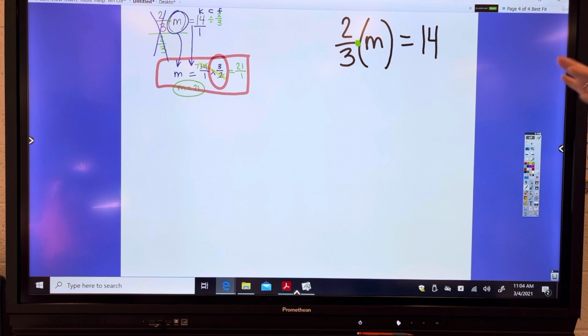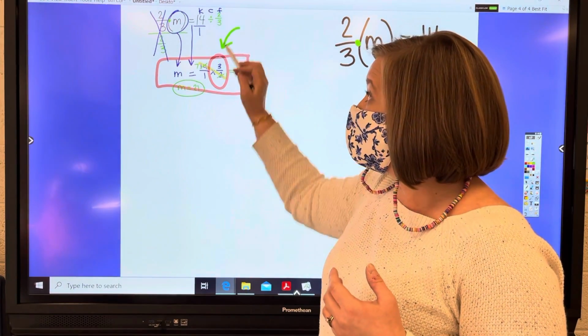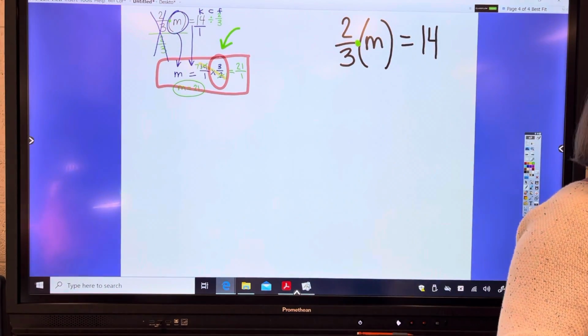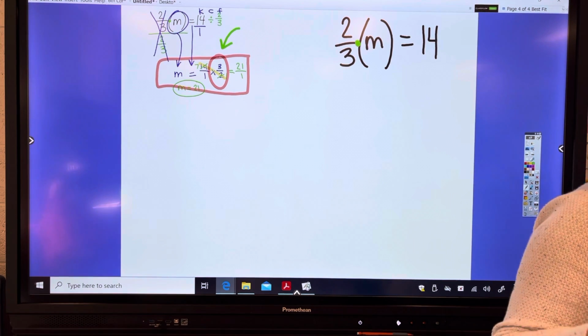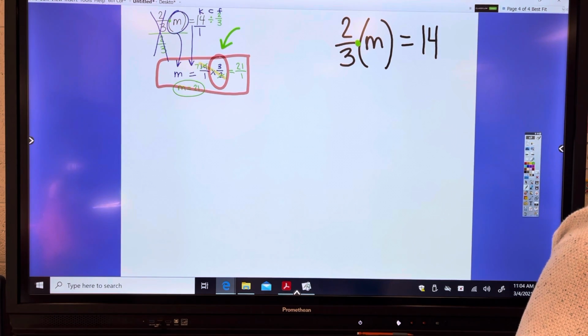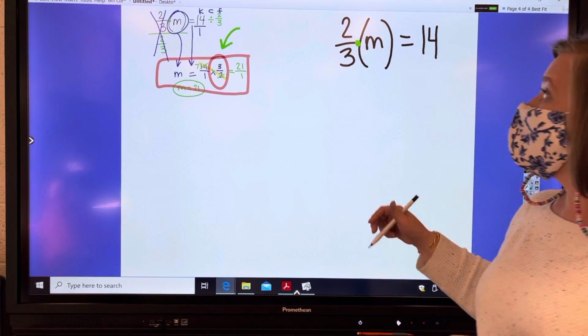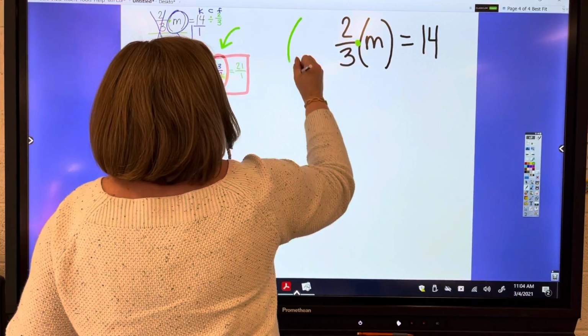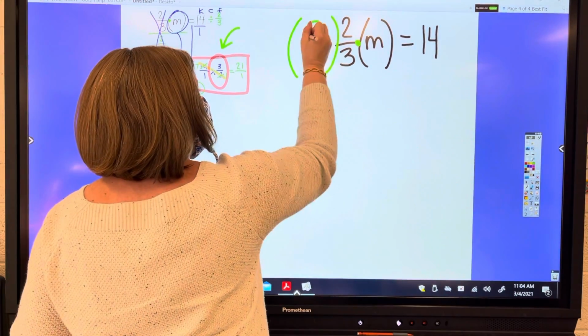But over here, you told me that in order to get rid of the multiplication, I had to divide, then I had to flip it. So why don't we skip the divide-then-flip step and just flip it? Let's try that. We are going to multiply both sides by the reciprocal.